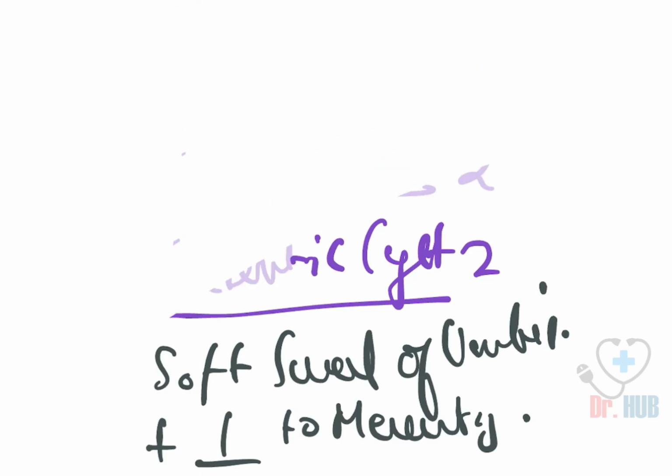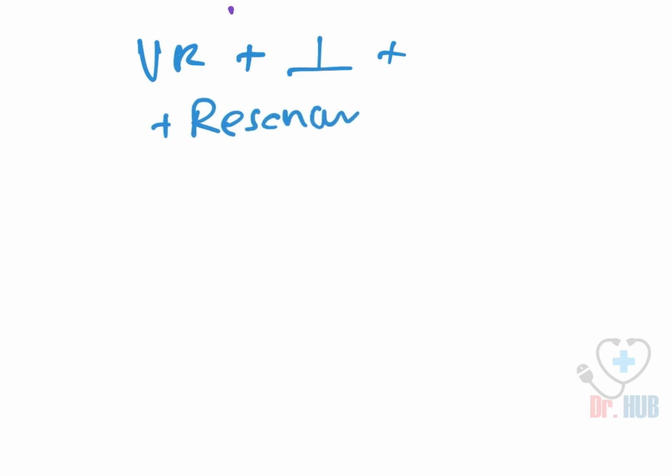Now what is the third component of the Tillaux Triad? So the first two components we saw: a fluctuant swelling of the umbilical region, and mobility perpendicular to the mesentery. Next, there is a zone of resonance, resonance all around.